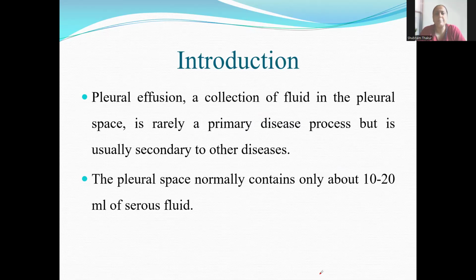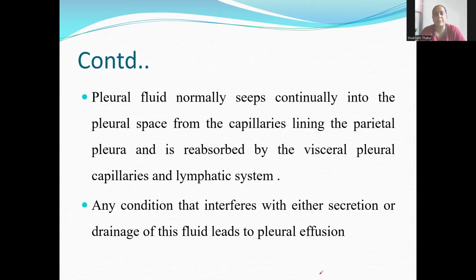Accumulation of fluid in the pleural spaces or pleural cavity is rarely a primary disease process, which is usually secondary to another disease. Normally in the pleural spaces already 10 to 20 ml of serous fluid is present, but if there is more than 10 to 20 ml of serous fluid, it will cause a disorder or disease in the person. So with this, we can know the patient is having a disorder.